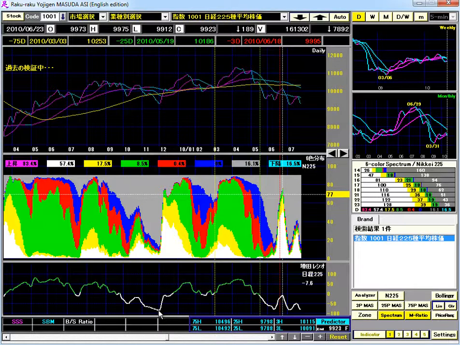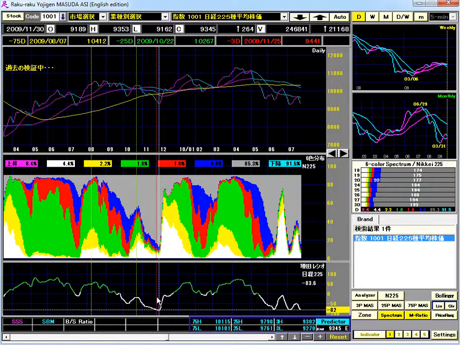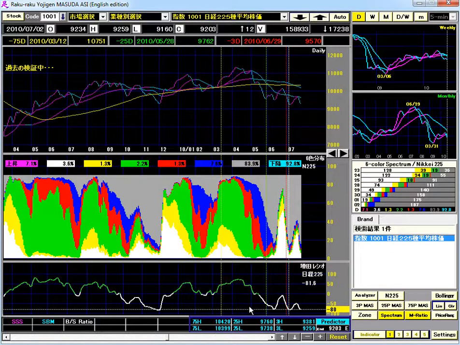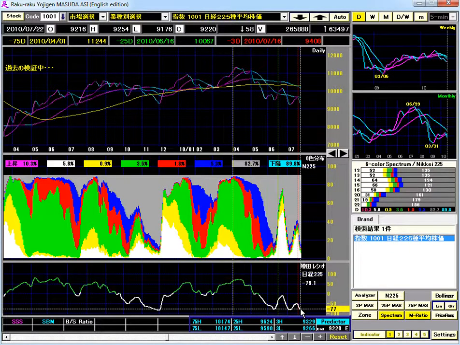You can see down here that the Masuda ratio around this point was minus 83.6, and also here minus 79.4, minus 81.6, minus 79.1.